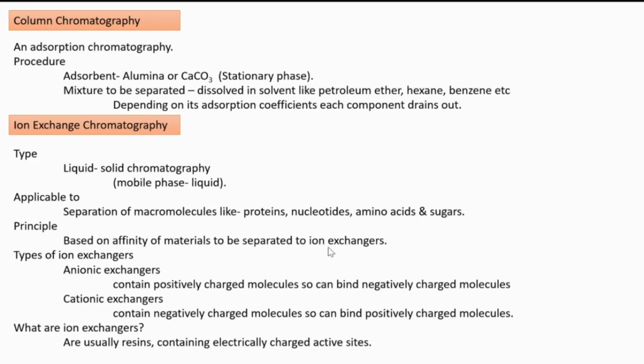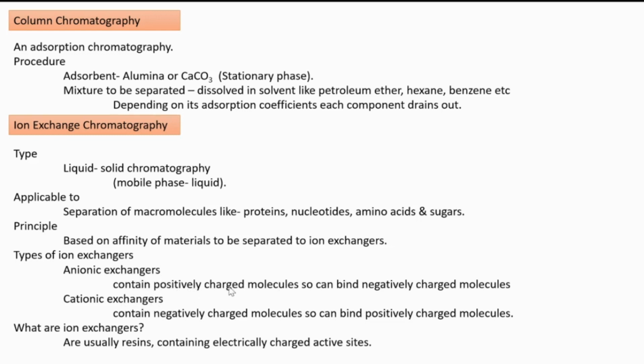So we need to give more stress to the term ion exchangers. Here the stationary phase we are preparing is made out of ion exchangers. So we need to understand more about ion exchangers. Ion exchangers are of two types, anionic exchangers and cationic exchangers. Anionic exchangers are substances composed of positively charged molecules.